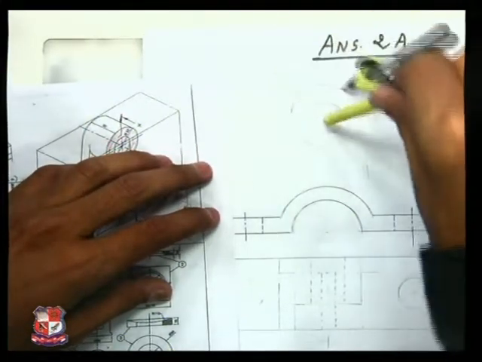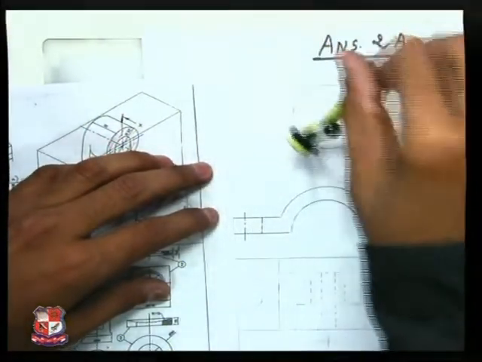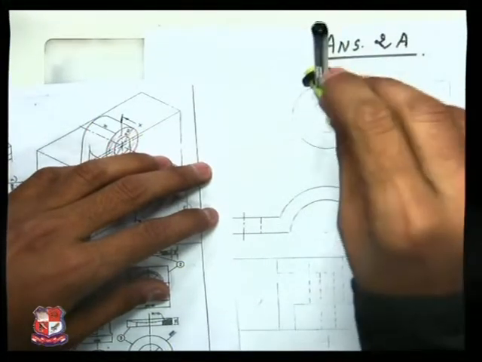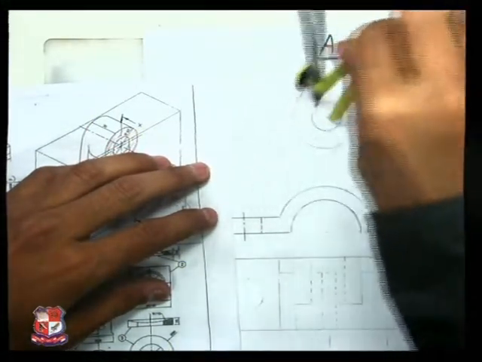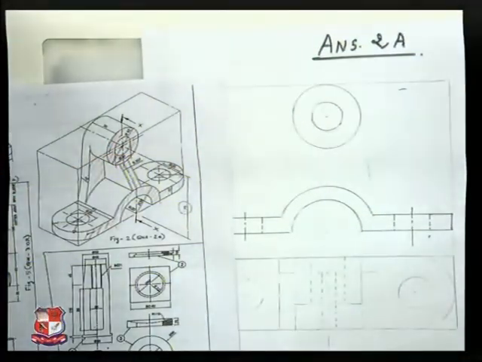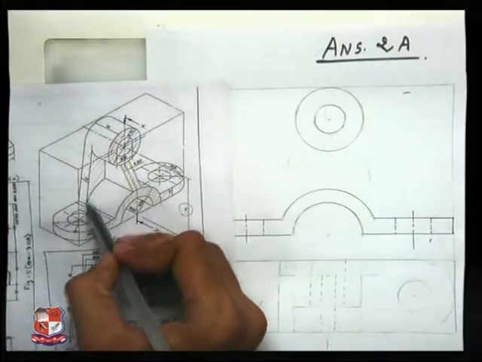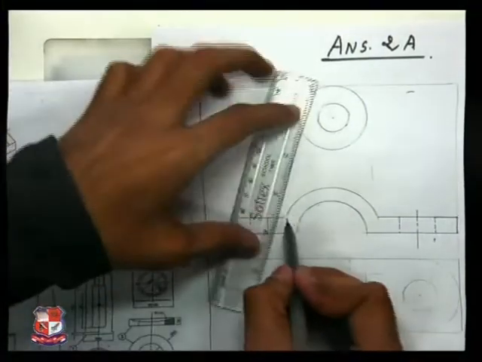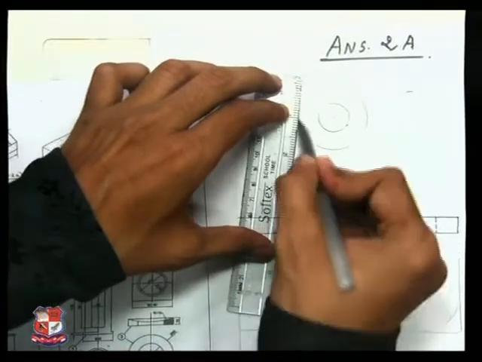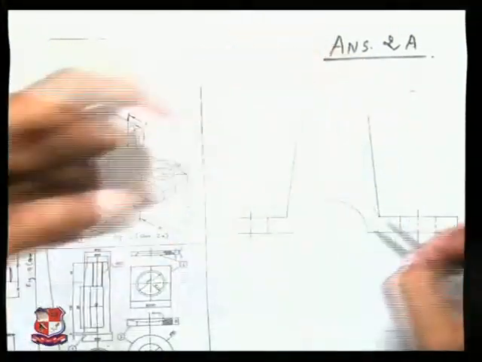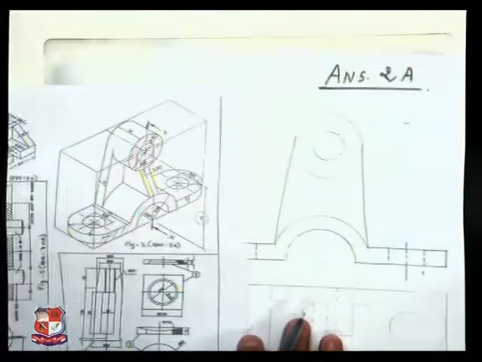So here is the circle with the diameter 40 millimeter, and another circle having diameter 20 millimeter with the same point as a center like this. And then this slant edge is tangent to this cylinder as well as this arc. So draw a line like this, such that that line is tangent to the cylinder and this arc. It would appear like this.